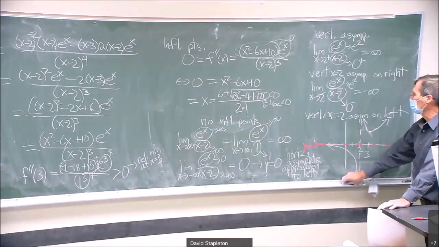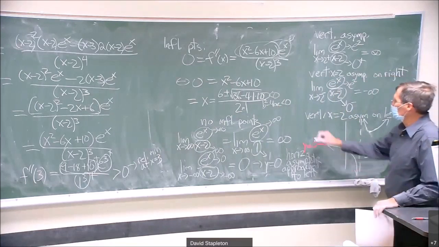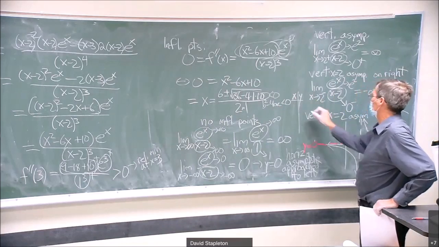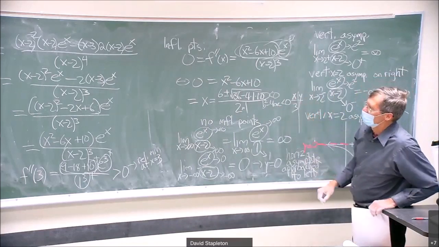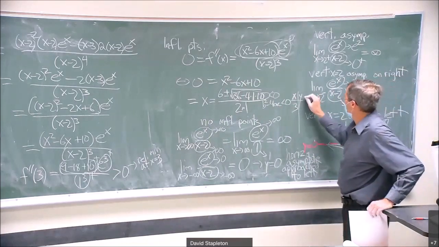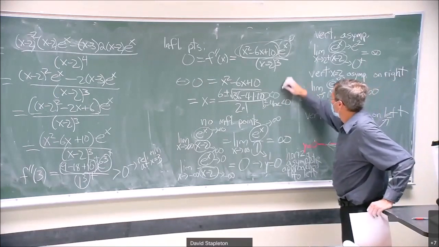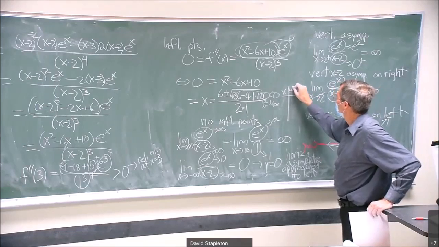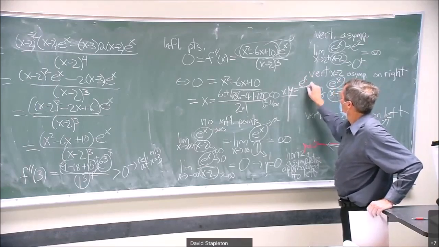Once we see that, we realize a good idea is to plot a few points, which include this one critical point at x equals 3. We'd like to know what y is. Well, y is e to the x over x minus 2.